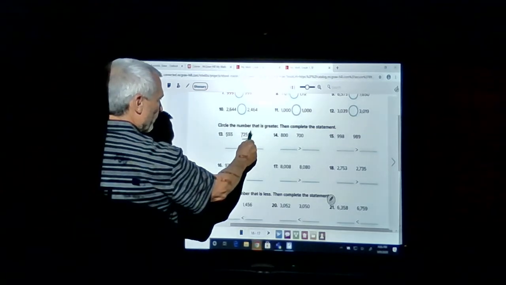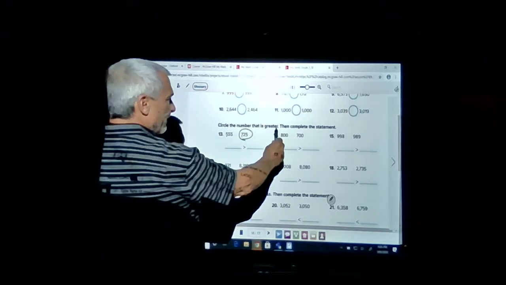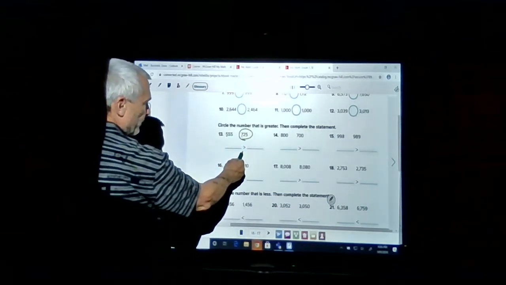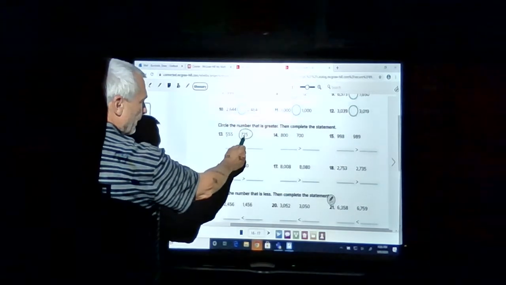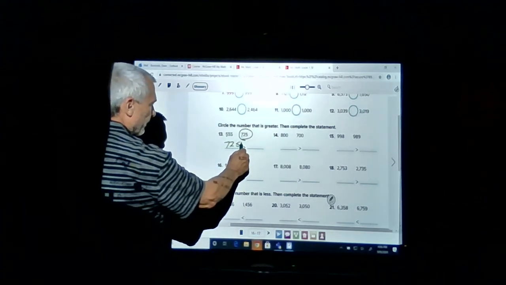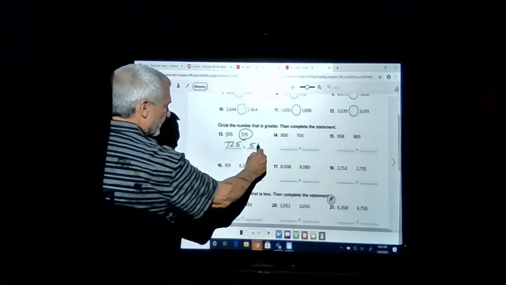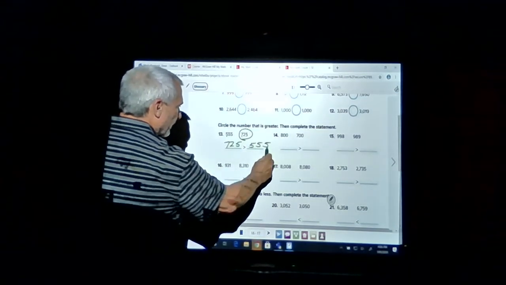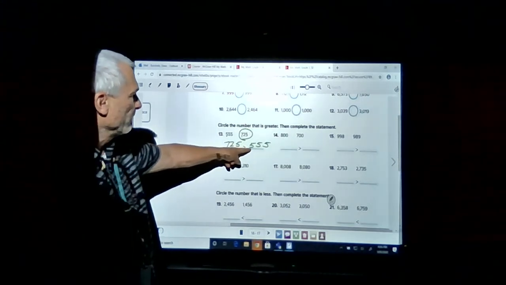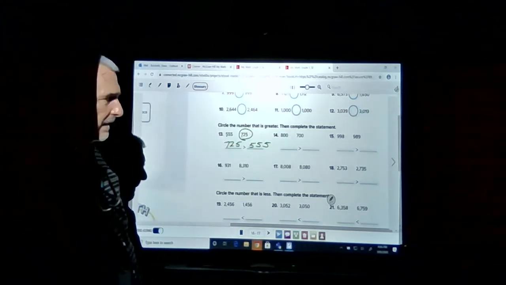Oh, that's the bigger one, 700. And then complete the statement. It says this is pointing is greater, so I'll have to put this one in. Let's see if it's right. You know, if you don't get it right, you can erase it and say that doesn't make sense. So you need to write it and say it. 725 is greater than 555. Makes sense.